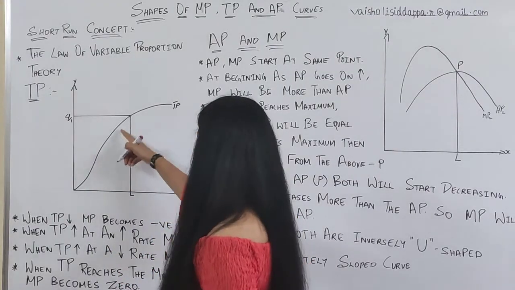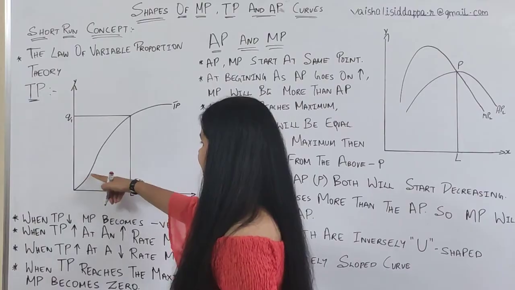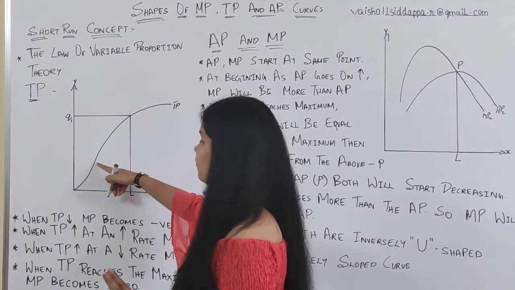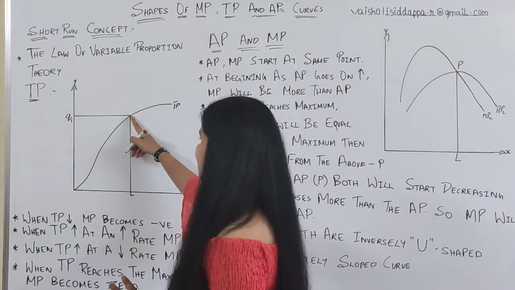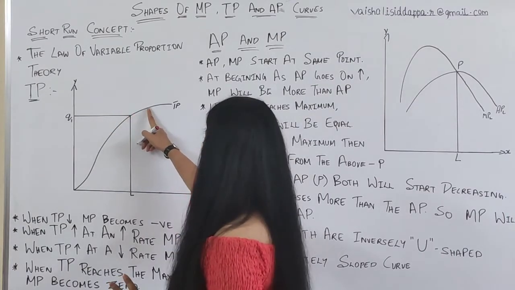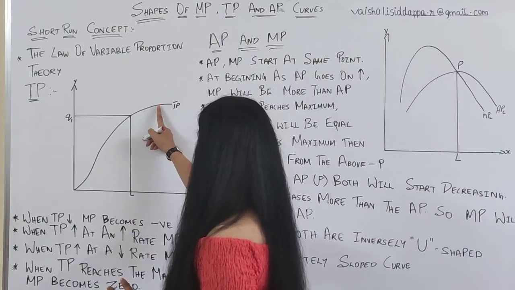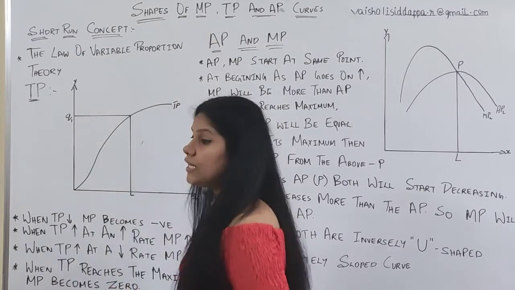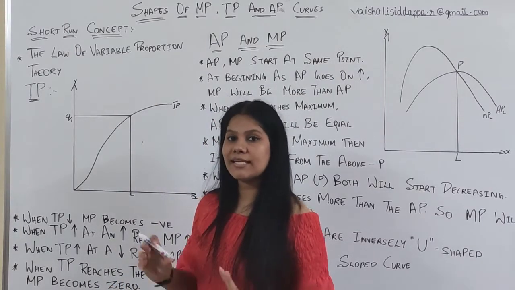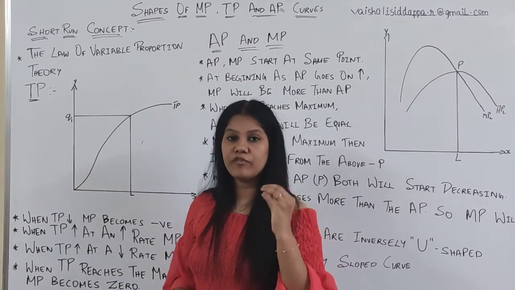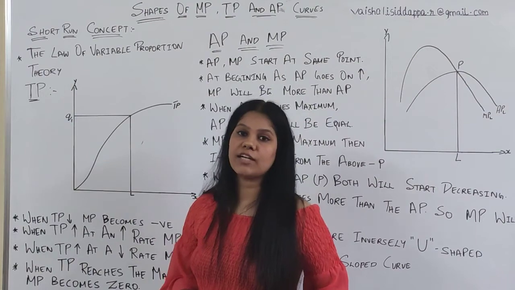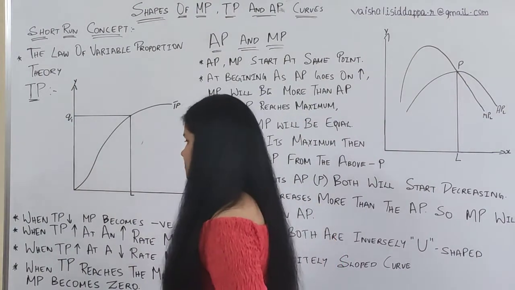If you look at the curve shape, at the beginning it is increasing and the slope is very high. After that the slope becomes a bit constant, and after that it starts diminishing. The TP starts coming downward. So what exactly does total product mean? By using a number of laborers with the fixed factor, how much quantity we are able to produce.